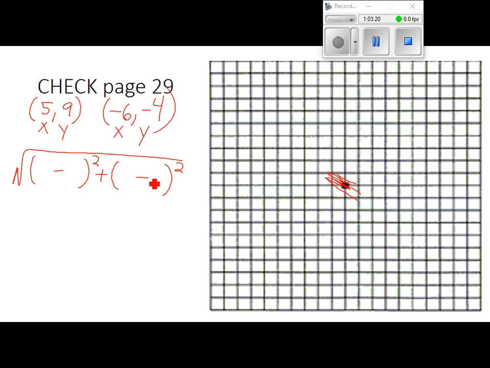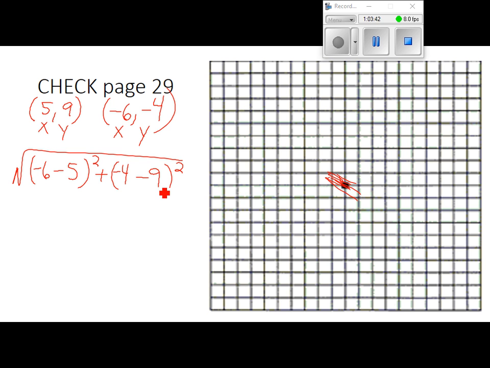What am I going to put in these first two spots? Negative 6 and 5. How about the second two? Negative 4 and 9. Now, I'm hoping that some of you catch on after a while. If you have a negative number as your X or a Y, where's the easiest place to put it?